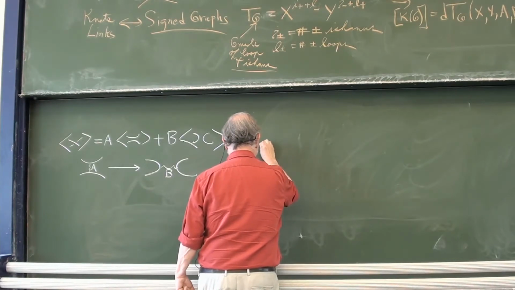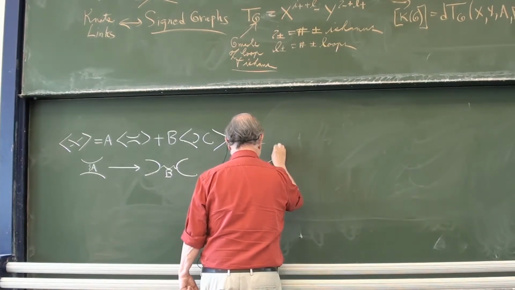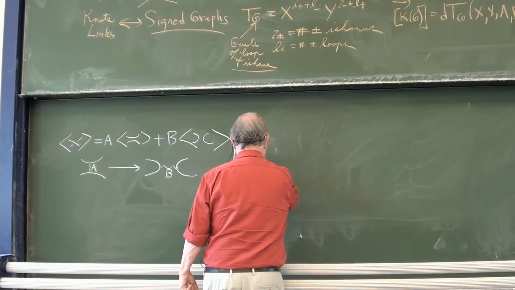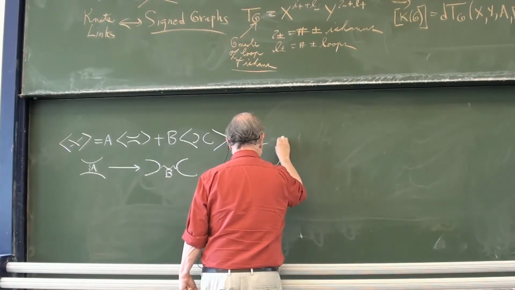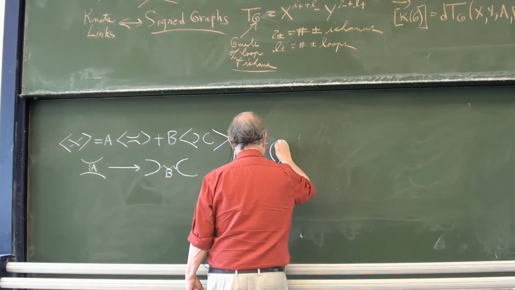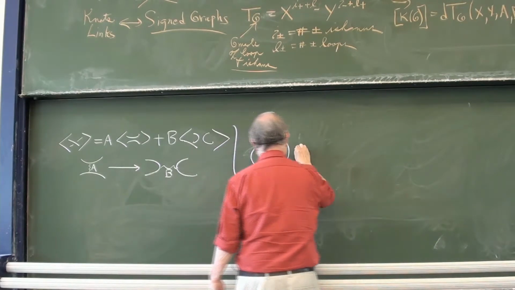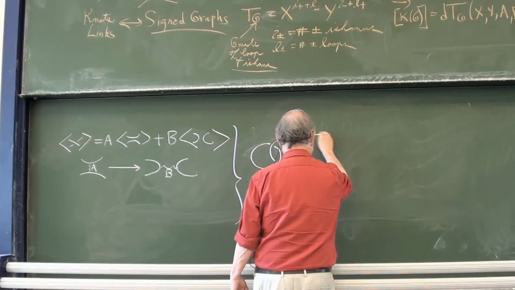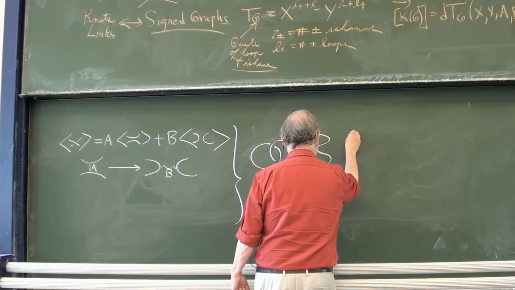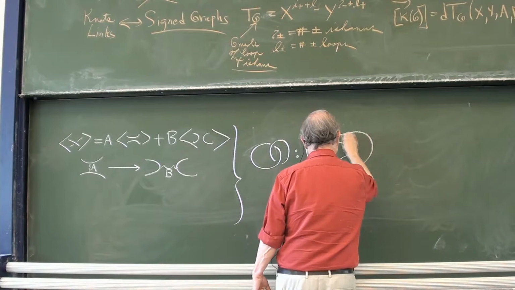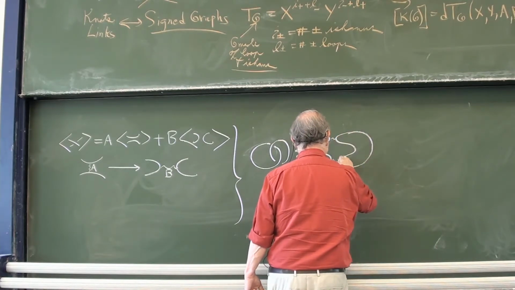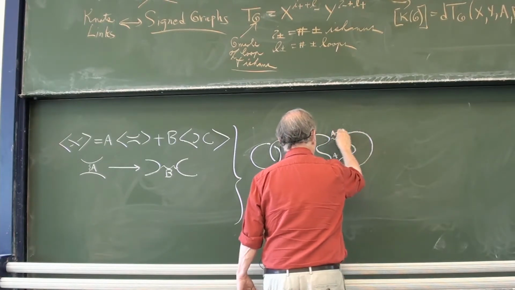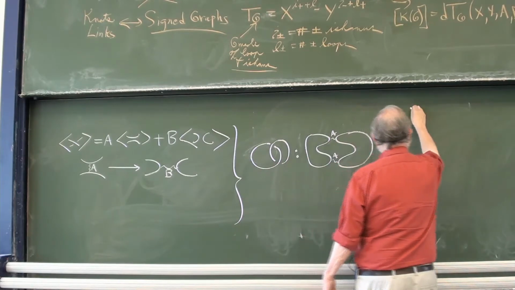So you build a little collection of states. So for example, if I was working with the Hopf link and we were going to use this, then we take the A state of the Hopf link and then we apply all those arrows that are possible, and we get a big diagram like this.